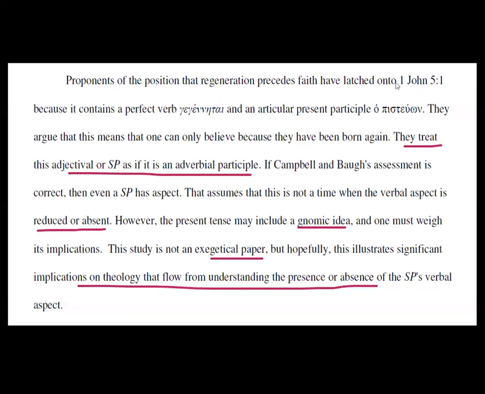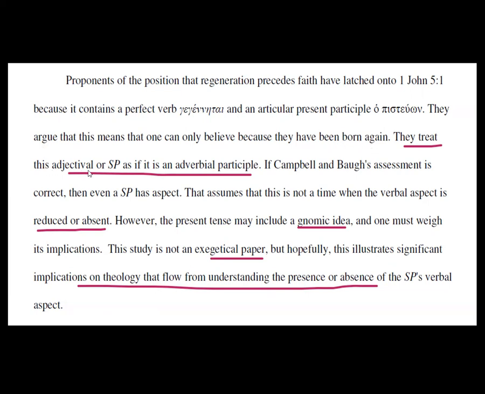So it uses the example 1 John 5:1 in this paper. Proponents of the position that regeneration precedes faith, which I'm not a proponent of, have latched on to 1 John 5:1 because it contains a perfect verb, gegennētai, and an articular present participle, pisteuōn. They argue that this means that one can only believe because they have been born again.